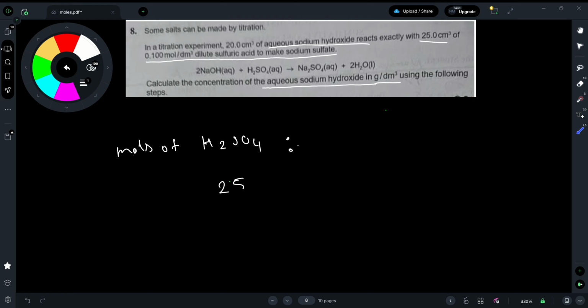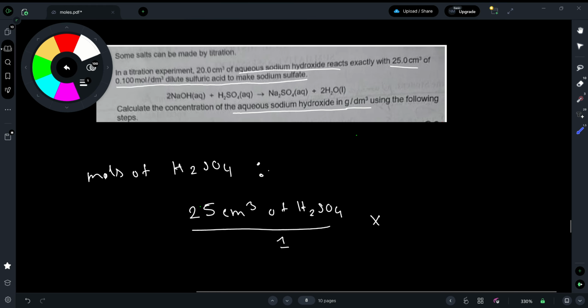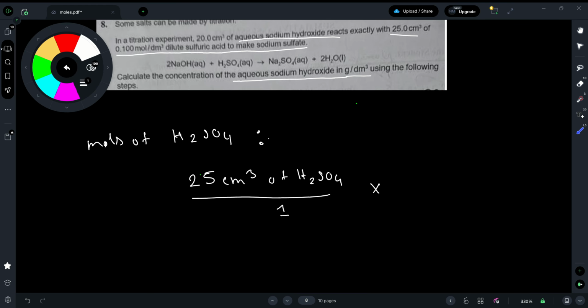So 25 cm³ of H2SO4 by 1, and the concentration was 0.100 mole per dm³.